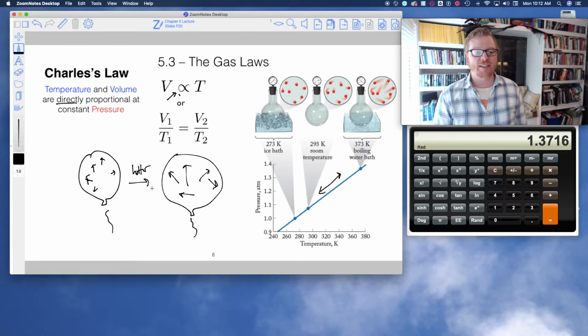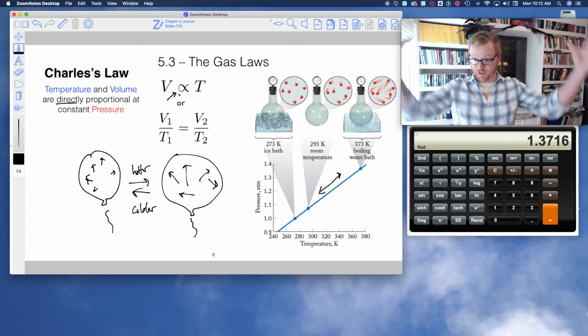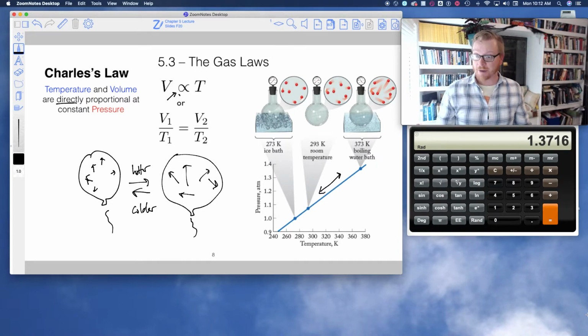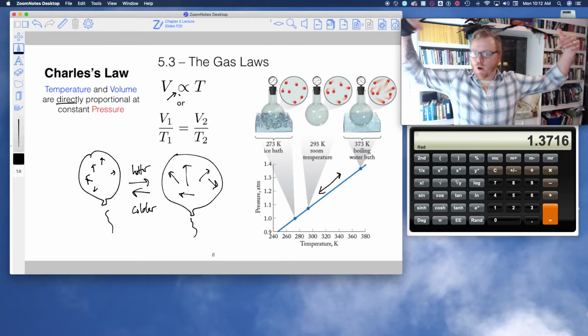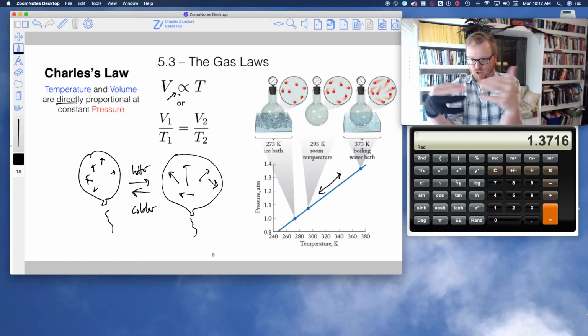Conversely, if this thing gets colder, the molecules aren't as excited. Particularly, they're not as excited as the molecules surrounding the balloon. So they move slower, they're a little bit more lazy, and the molecules on the outside are able to squeeze them in.